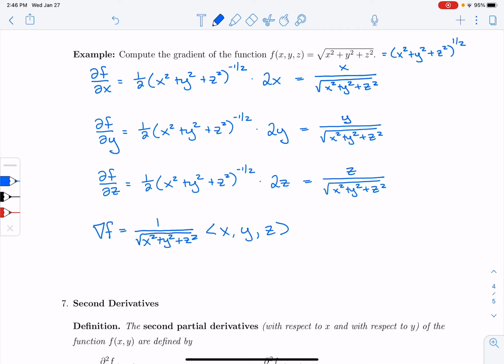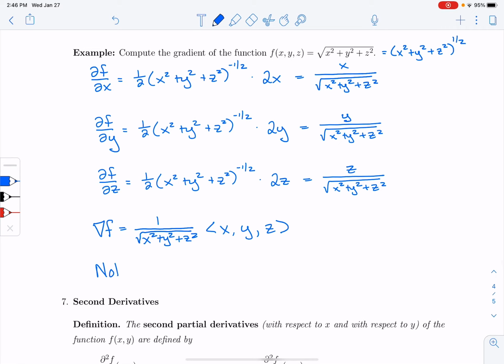So the gradient vector in this case points outward in the x, y, z direction. But what's interesting about this one is that you'll notice this is the vector x, y, z divided by the length of the vector x, y, z. So if we take a vector and divide by its length, it turns out in this case, and this is just special to this case, it's a unit vector.